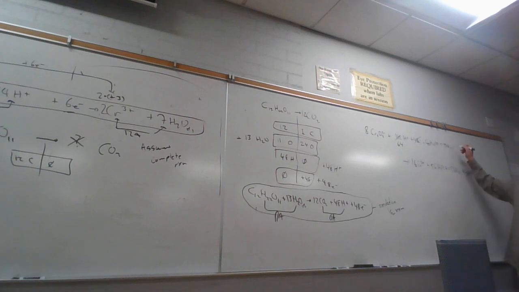H2Os cancel. 13. I think I could do this one. This would be 40. Is that it? 43. Maybe I can't do that one. But fortunately, I'll double check it at the end to make sure I didn't screw it up. And that's what we do. If it doesn't work out, then I'll just go back and try to figure out where I made my mistake.